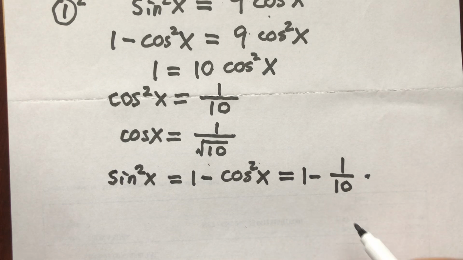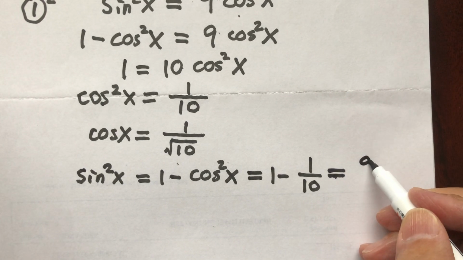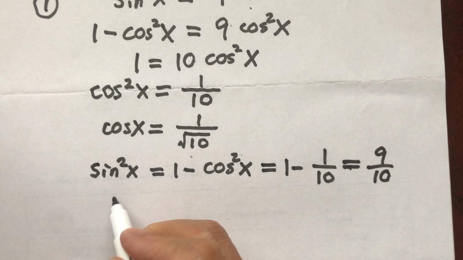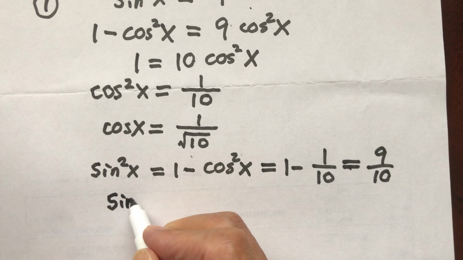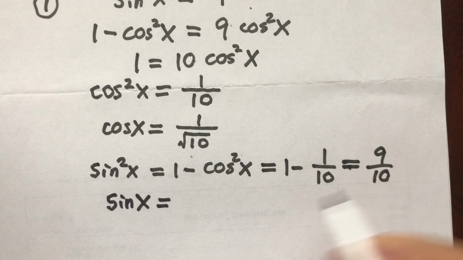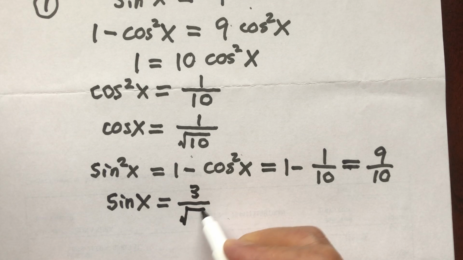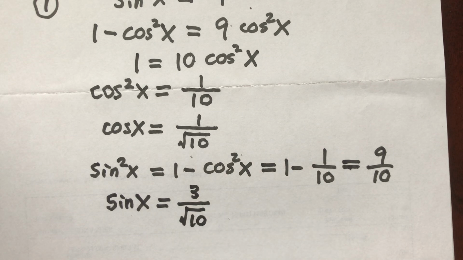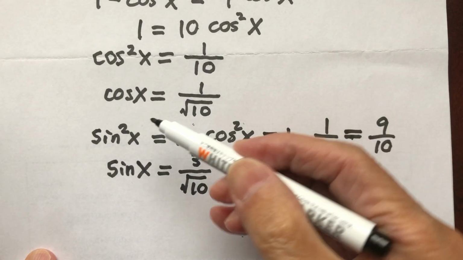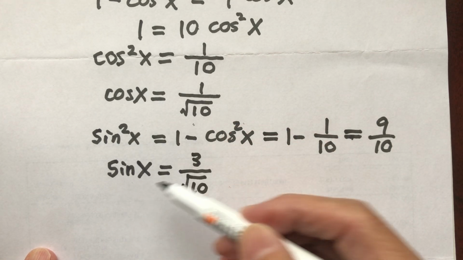It's 9 over 10. Then, what is sine? You take square root. So I have cosine x, and I also have sine x.